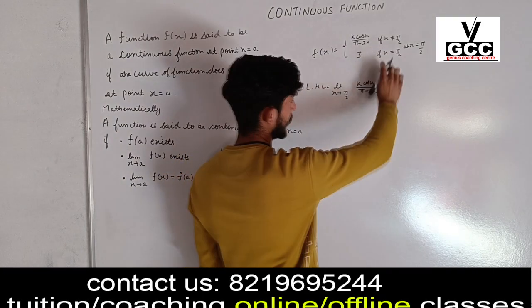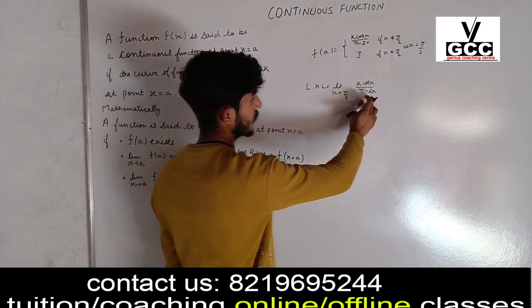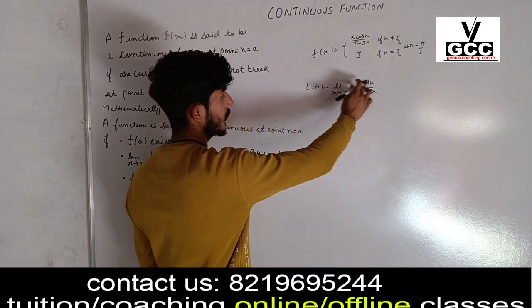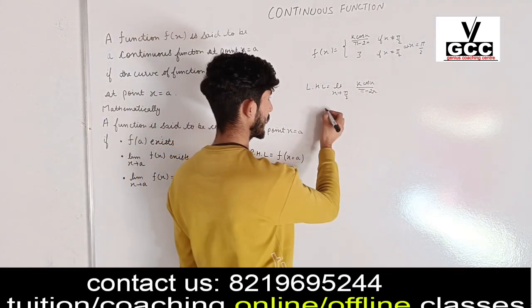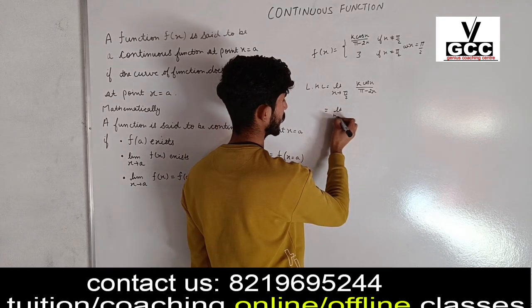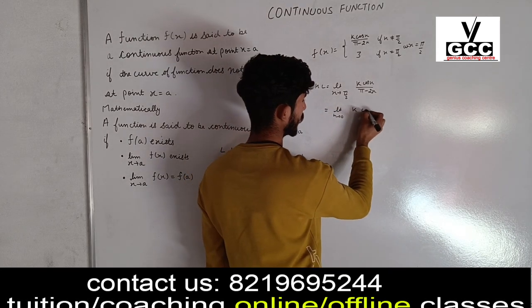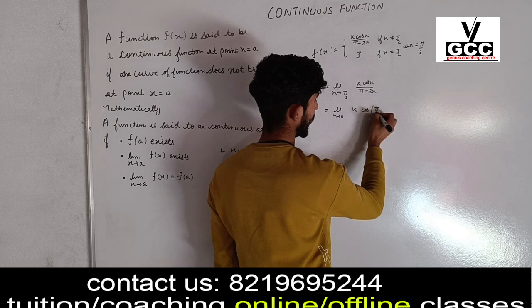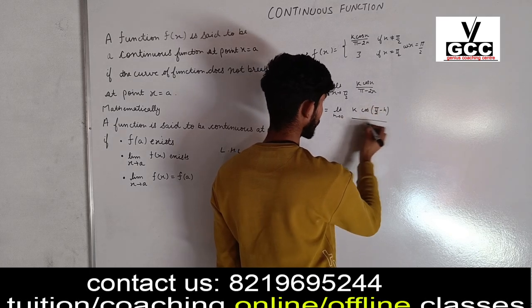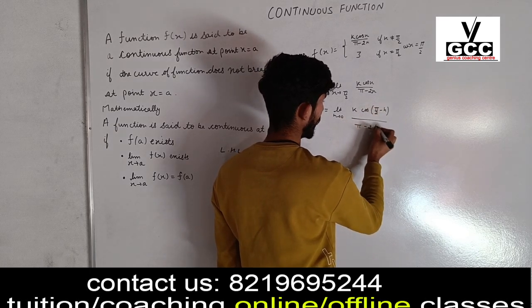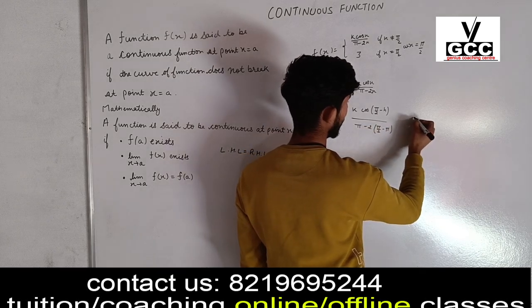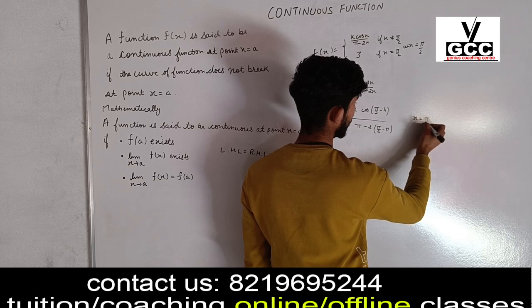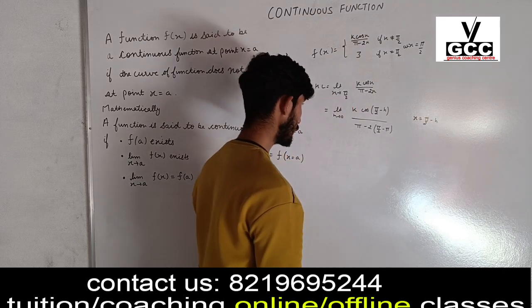We are given that x is not equal to pi by 2, because if we put x equal to pi by 2, the given function becomes 0 by 0 form. To avoid this mistake, we put limit h approaches to 0, k cos of pi by 2 minus h upon pi minus 2 into pi by 2 minus h, by using the definition of left hand limit, x is equal to pi by 2 minus h.